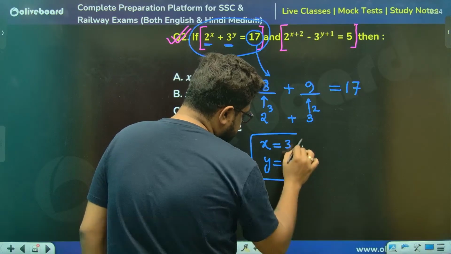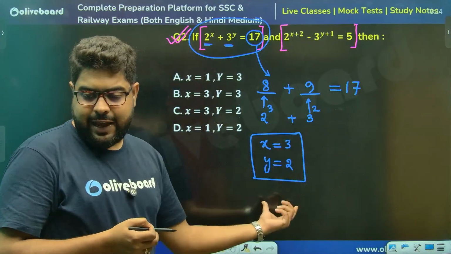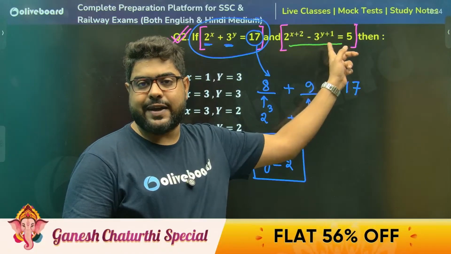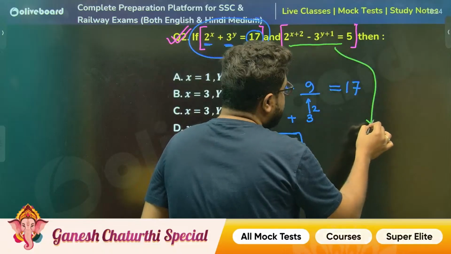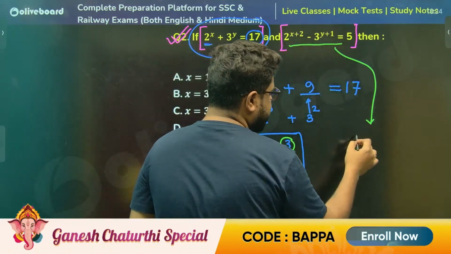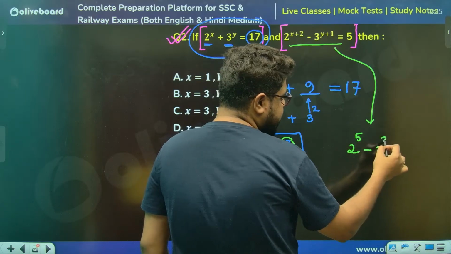But again, this is only half my job done. I have to check whether these values satisfy my second equation or not. So let's check. 2 to the power x plus 2 means 2 to the power 5, minus 3 to the power y plus 1, that is 3 to the power 3, sir.